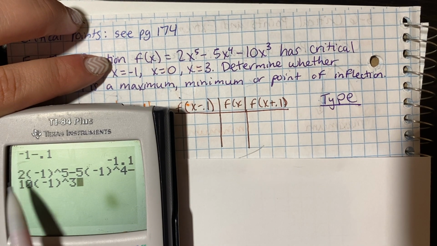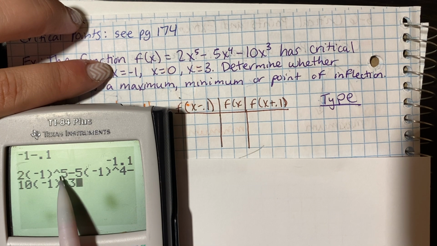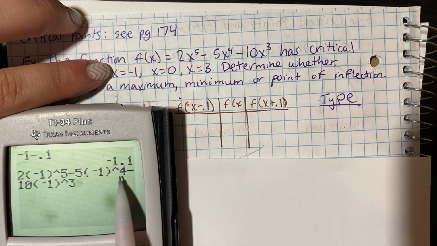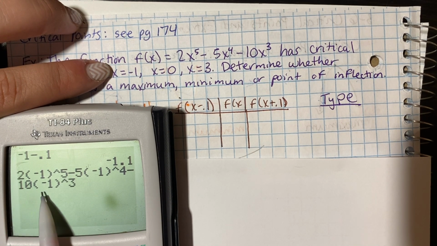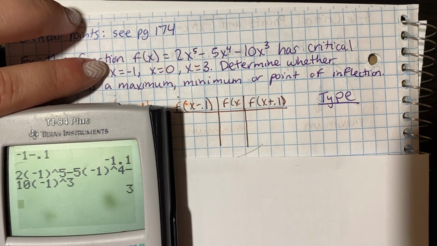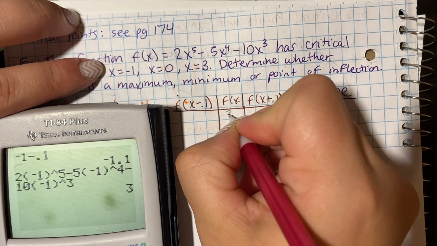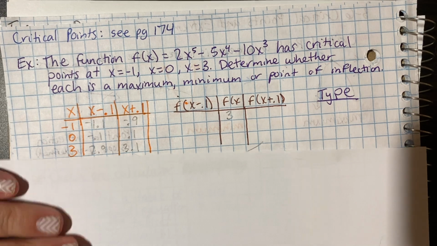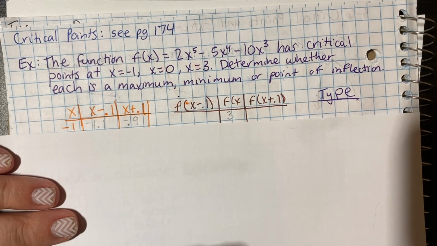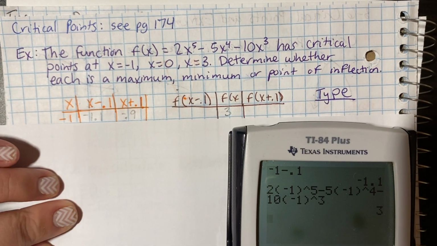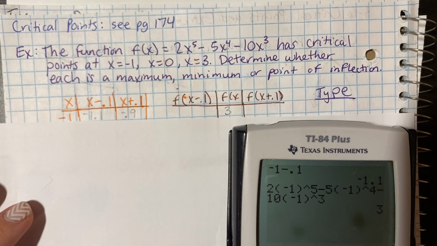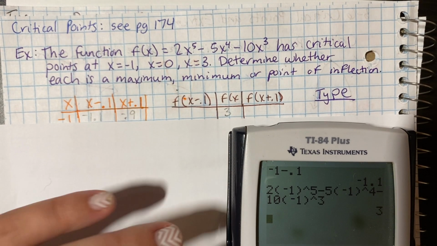So let's check. 2 times -1 to the fifth, minus 5 times -1 to the fourth, minus 10 times -1 to the third. Okay, enter. The answer is 3. We're still just on this -1 column. We're going to figure out what's going on at -1 first.